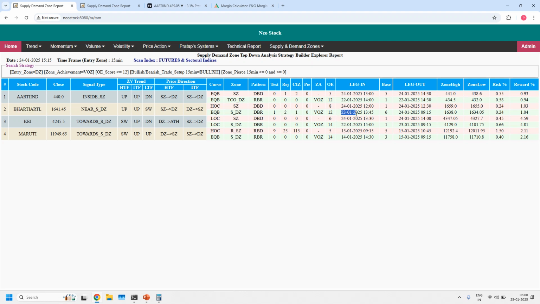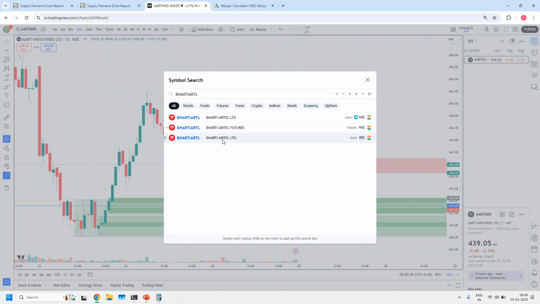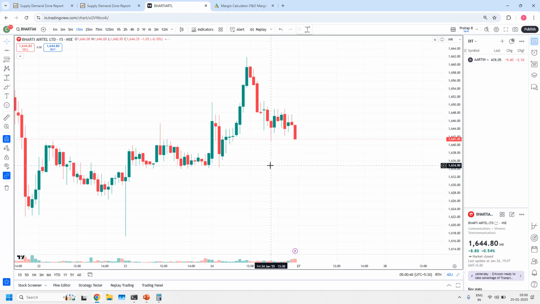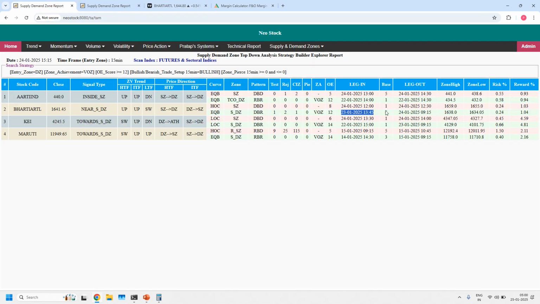So when is this? This is on 23rd January at 13:45. After that, it has 6 base candles. Bharti Airtel, 23rd January, 13:45.